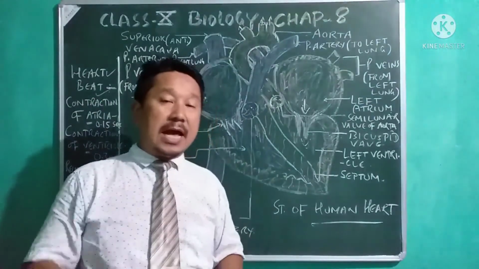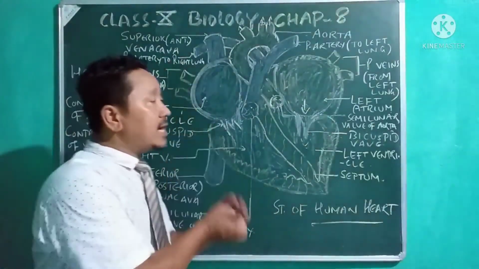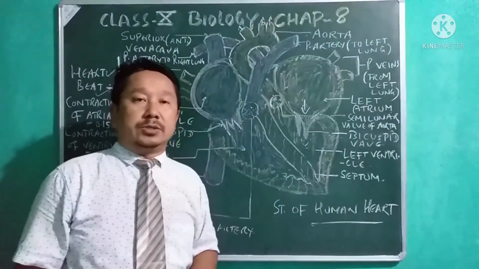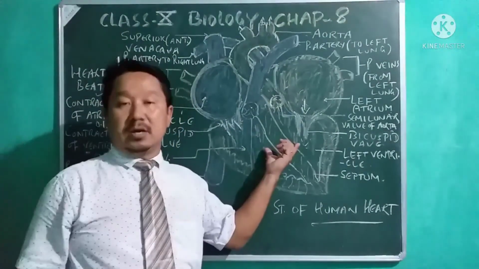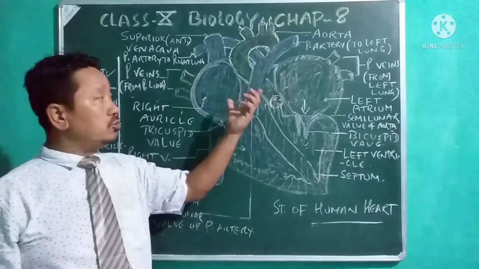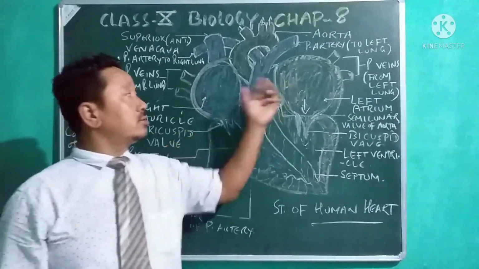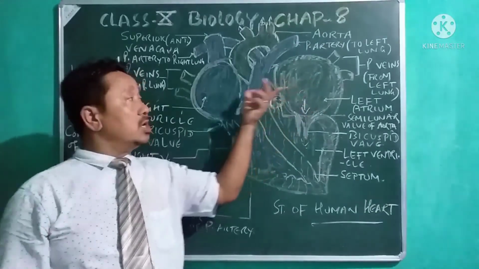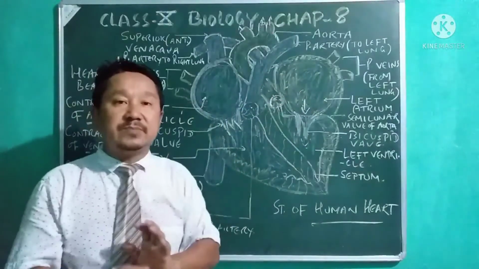Now I'll tell you the entire course of circulation of blood through the human heart. As I've already told you, there are two regions, right auricle and left auricle, which are responsible for receiving the blood.